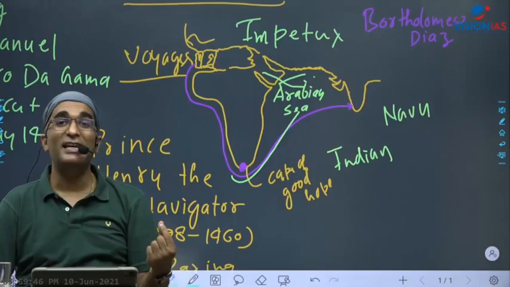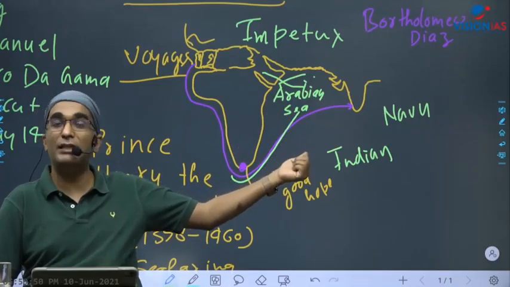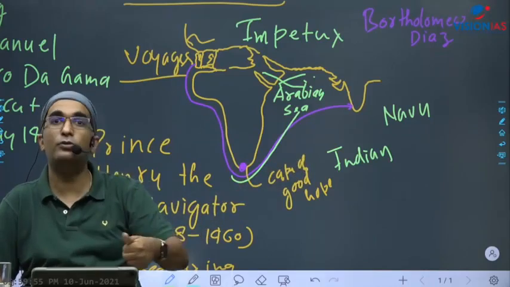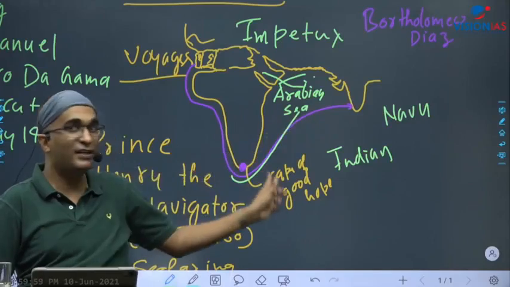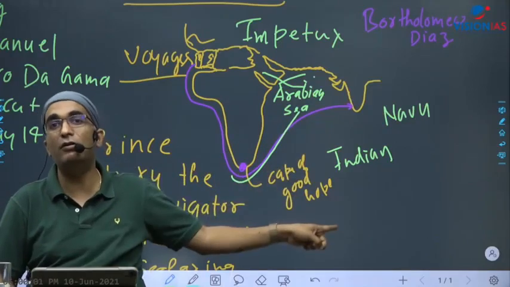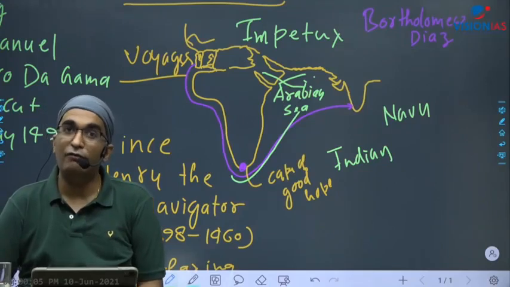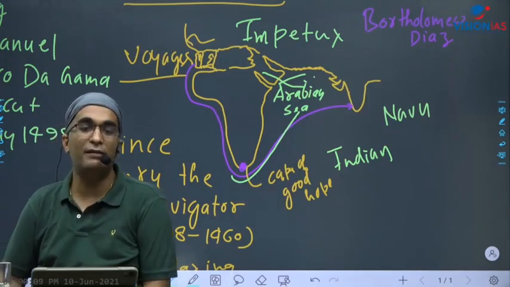Anybody passing through this area had to take the permit of the Portuguese, and not just for crossing this area, but for shipbuilding anywhere adjacent to it too. And this they did with their superior naval power.